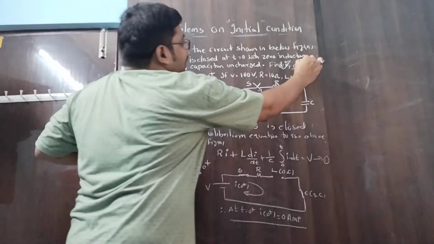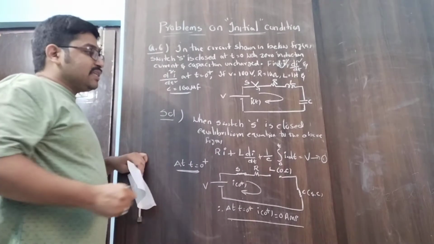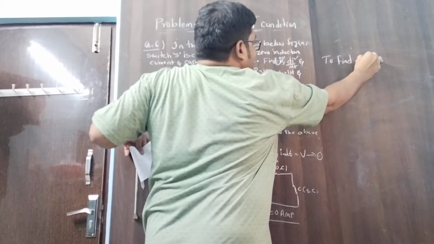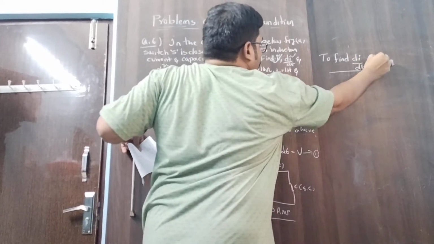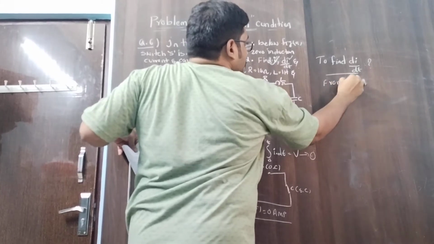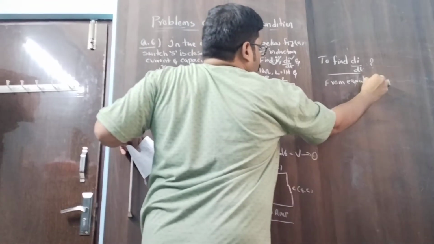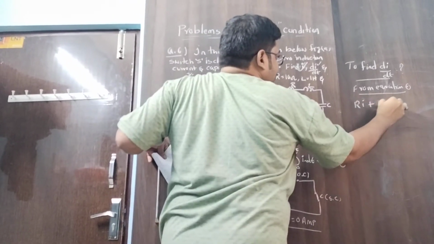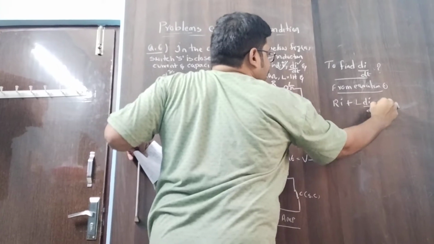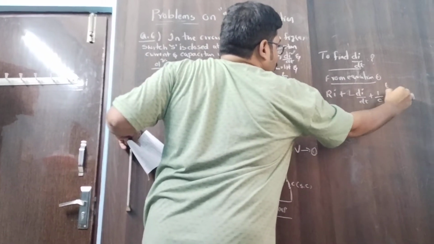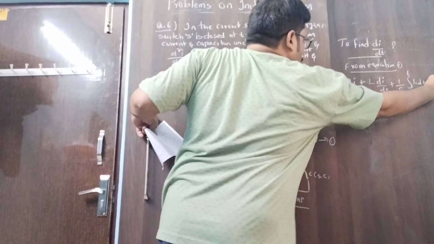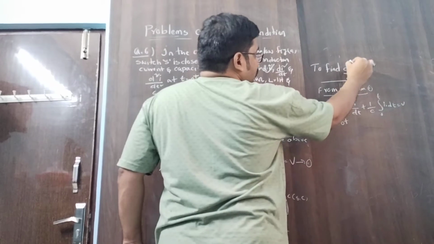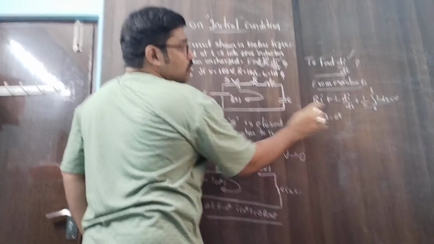Next, you need to calculate di/dt. From equation 1, to find di/dt: equation 1 is R into i plus L into di/dt plus 1/C integral from 0 to t of i dt is equal to V. We need to find the value of di/dt at t equal to 0 plus.